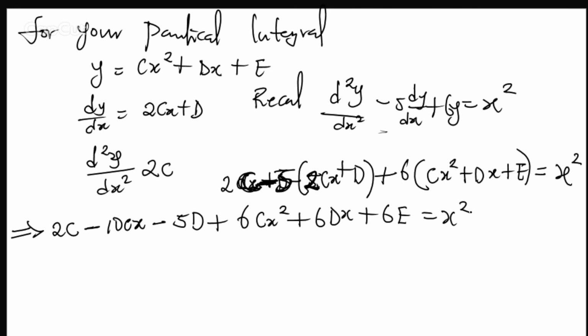Now, we can still simplify this further. Simplifying this further, we can take those like terms one side. We take 6cx squared as our initial.